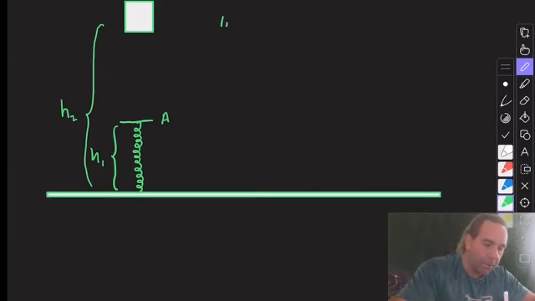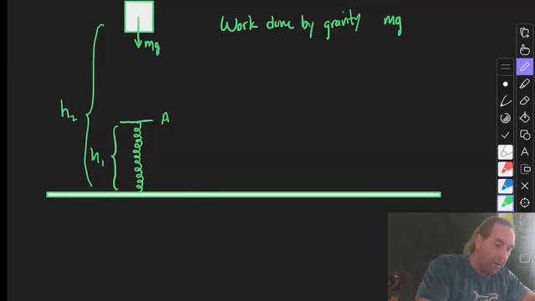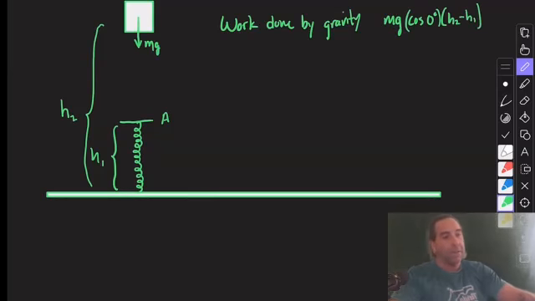So in considering the work done by gravity, I would note that gravity would apply a downward force, mg, the box would be pulled downwards, so cosine of 0 degrees. And the amount of work done by gravity would be based on the fact that it travels a displacement of h2 minus h1.